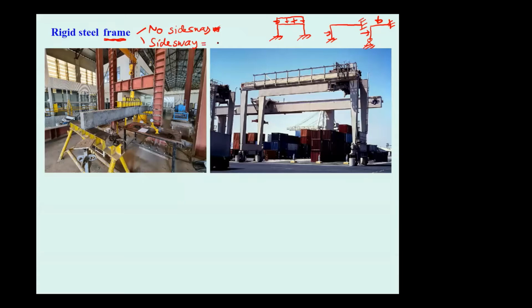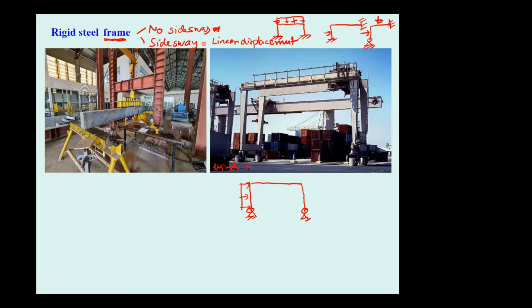What is the side sway? Side sway is usually the linear displacement of the frame when the frame is subjected to, for example, wind load. If we consider this frame as a harbor in Rayong, for example, this kind of frame will be subjected to lateral load from the wind.